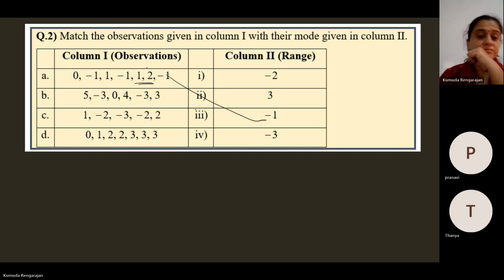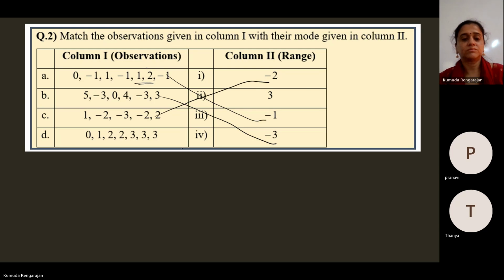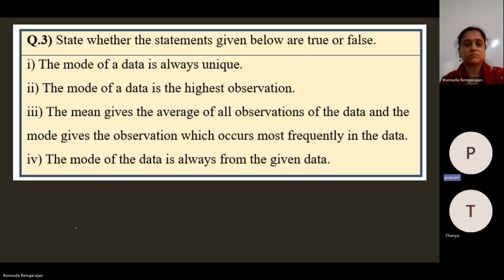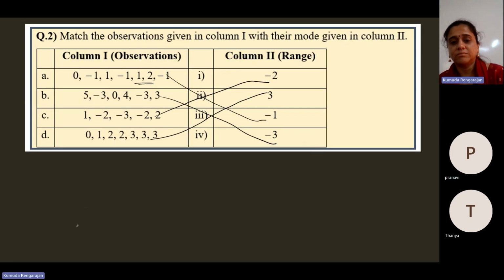Next one. -3. -2. 3. Okay. Yes, very good.